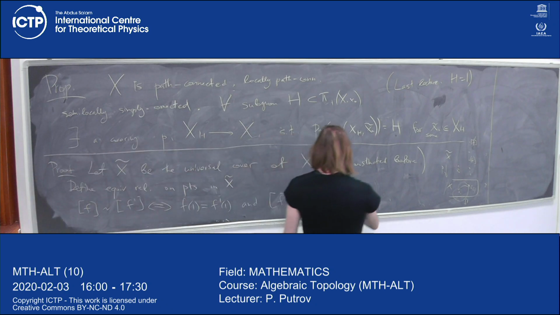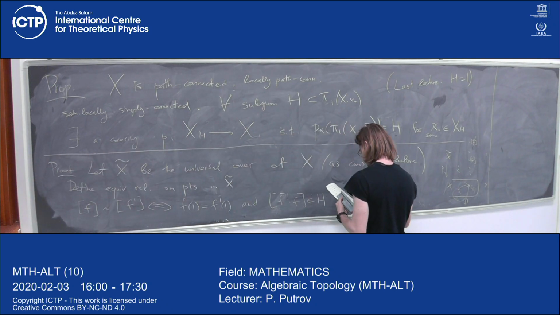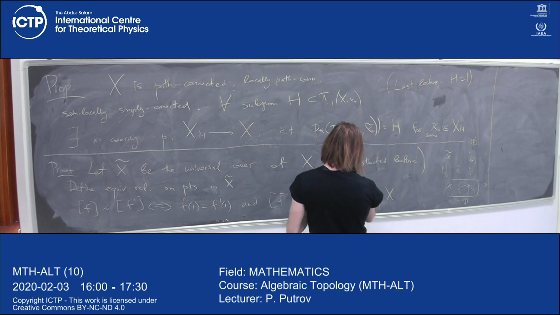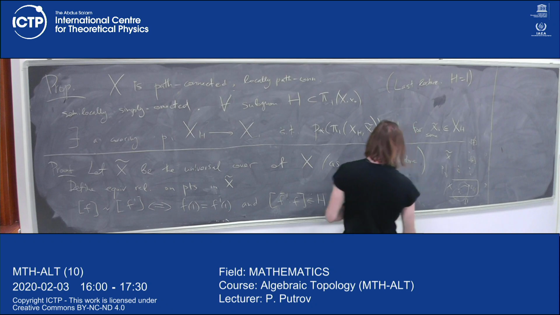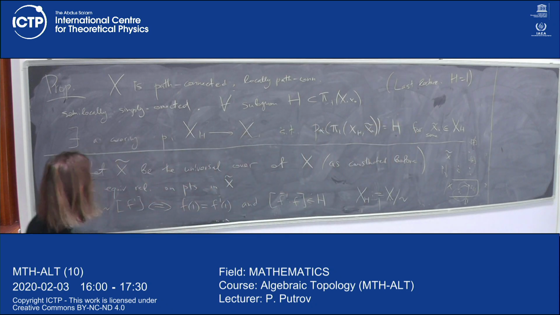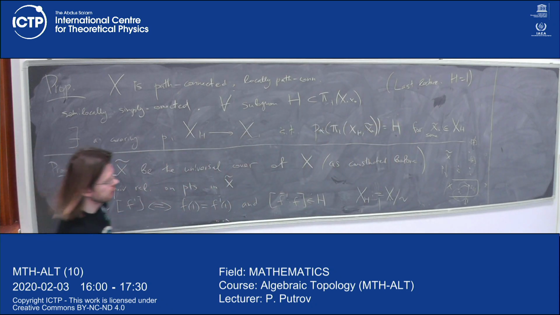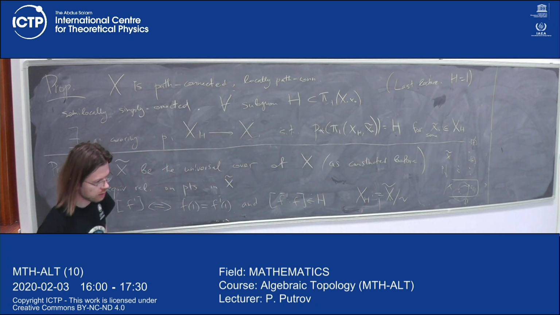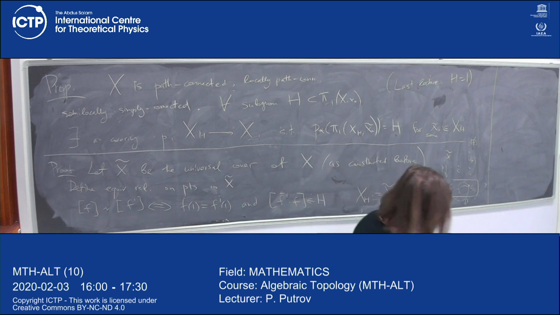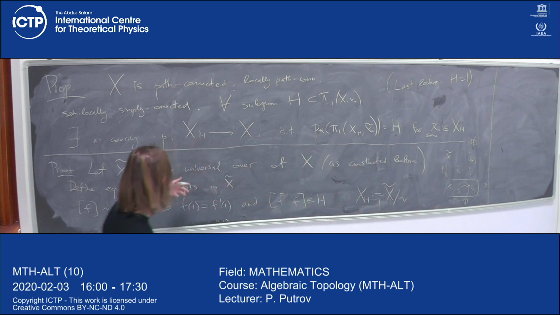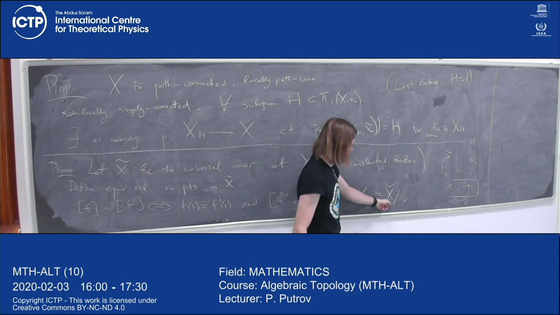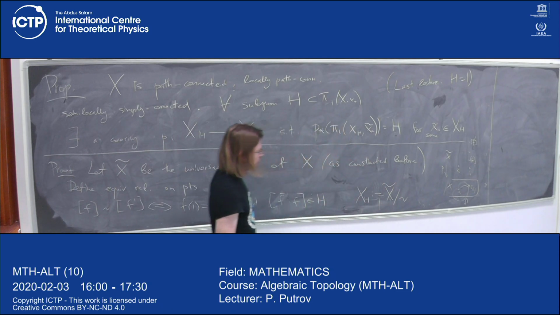Okay, and then I want to define my space XH as the quotient of X tilde with respect to this equivalence relation. So this explains the meaning of the universal cover: it is universal in the sense that any other covering space can be realized as a quotient of the universal cover.